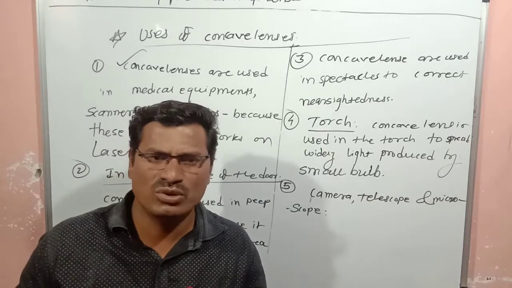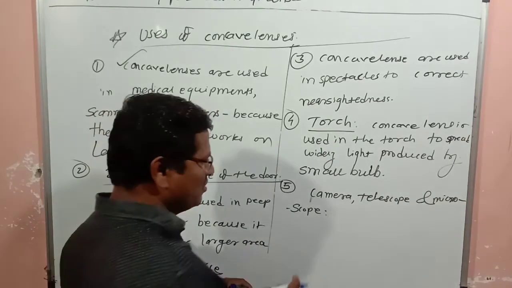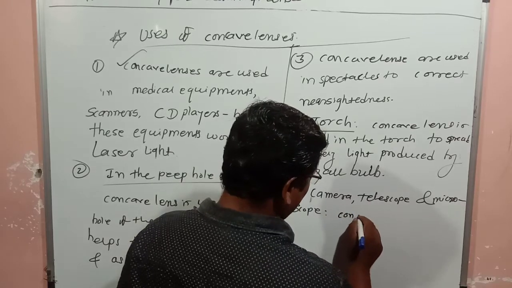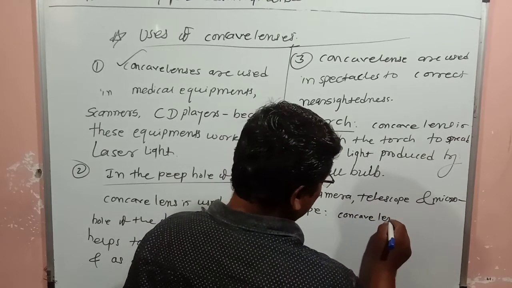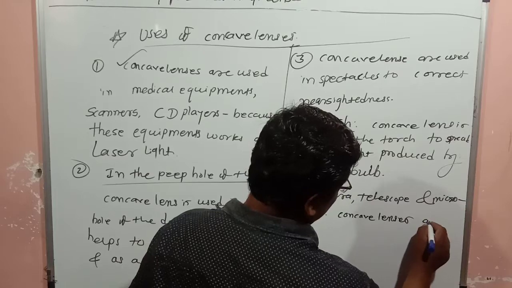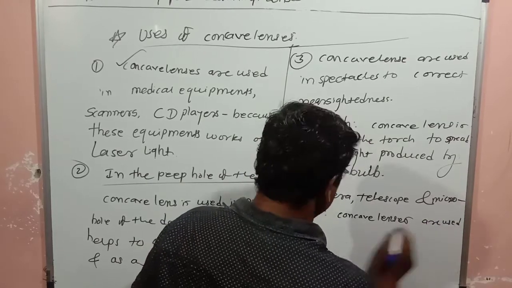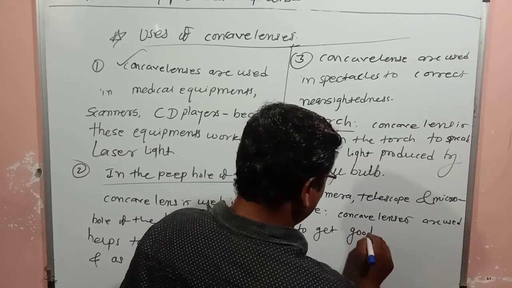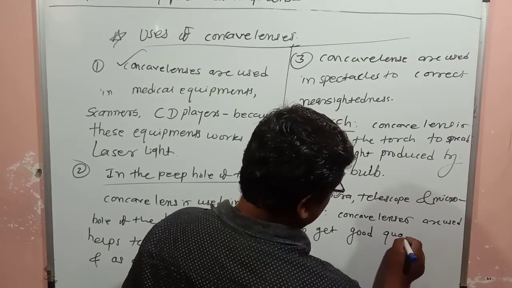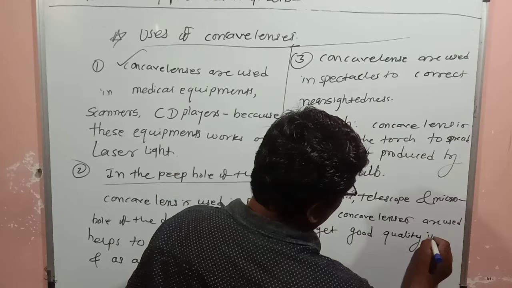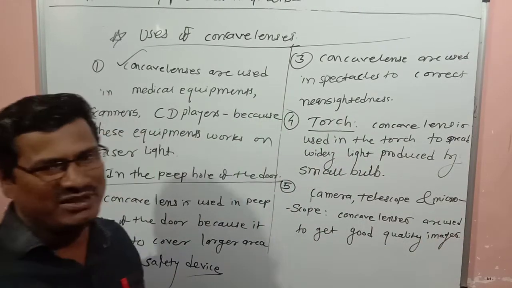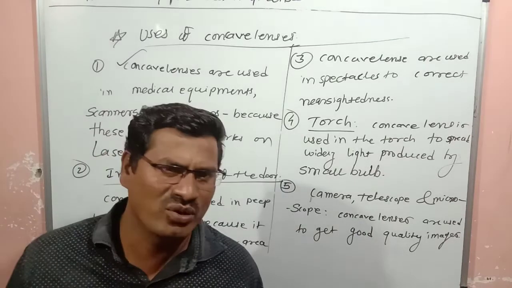To get good quality images. So in the camera, telescope, microscope, concave lenses are used to get good quality images. These are the uses of concave lenses.